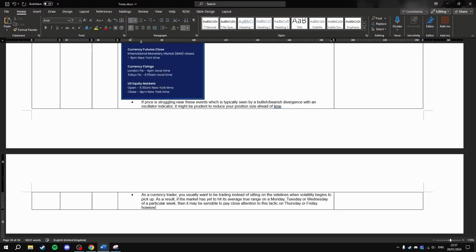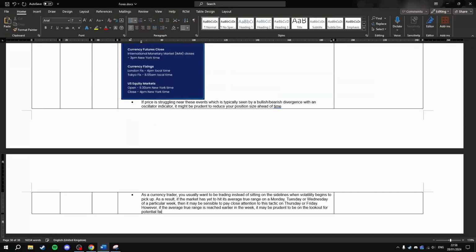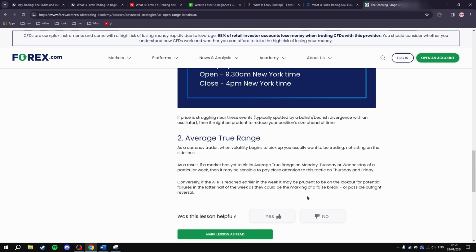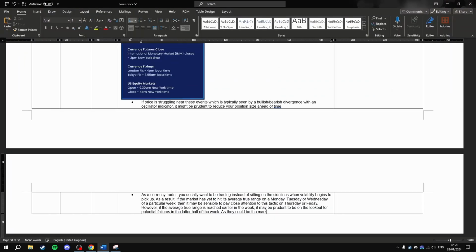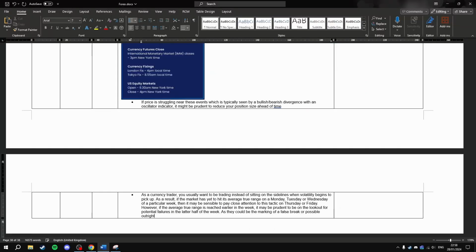Conversely, if the average true range is reached earlier in the week, it may be prudent to be on the lookout for potential failures in the latter half of the week, as they could be the marking of a false break or possible outright reversal.